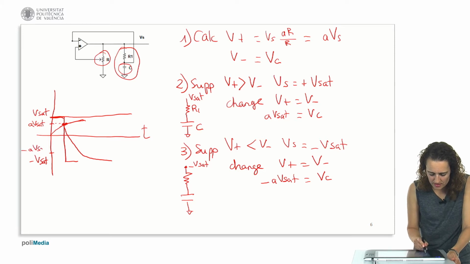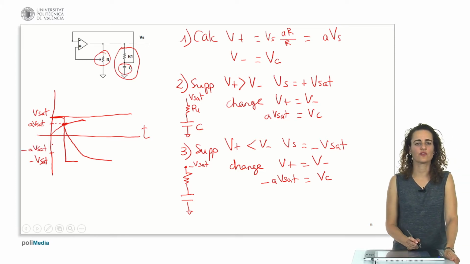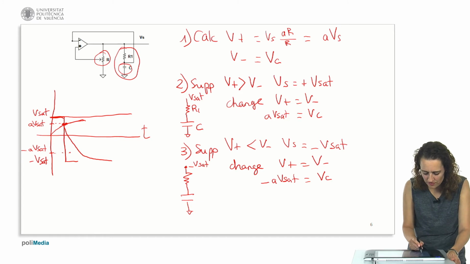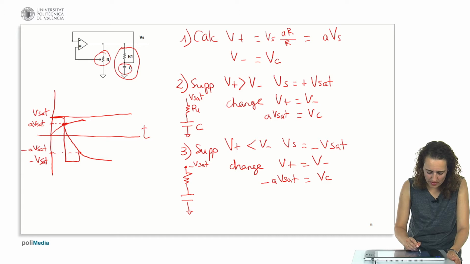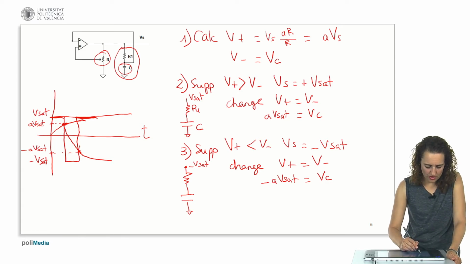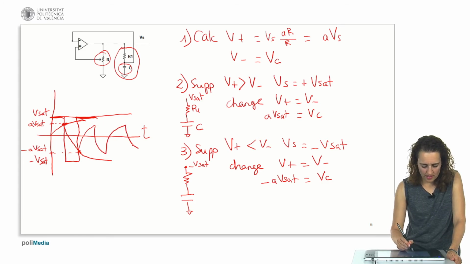When the discharge of the capacitor reaches this value, I will have the change of state and the output will again reach plus saturation voltage. The capacitor will start again with the charge until it reaches A times Vsat, and so on. We can go on with this evolution.